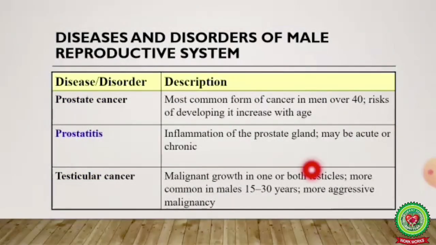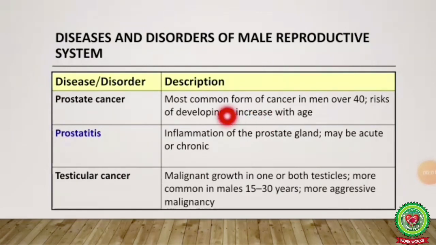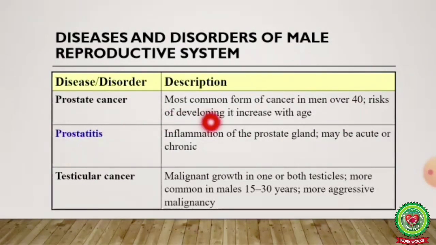The next one is prostate cancer. It is the most common form of cancer in men over 40 years of age. The risk of developing it increases with age. The next one is prostatitis, that is, inflammation of the prostate gland, which may be acute or chronic. The last one is testicular cancer.